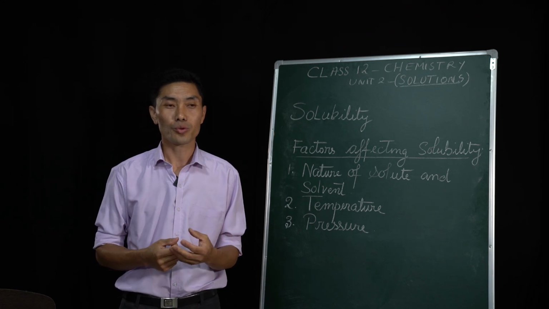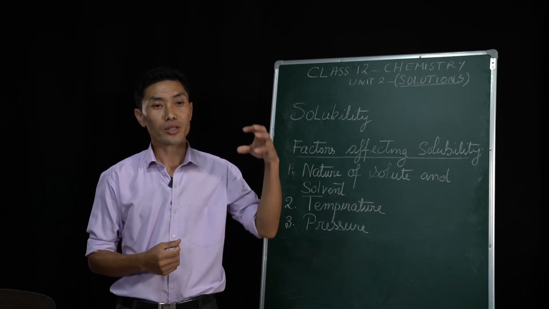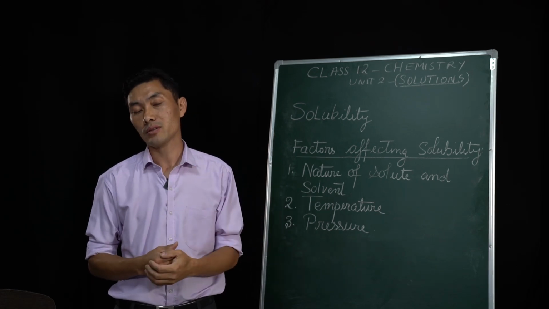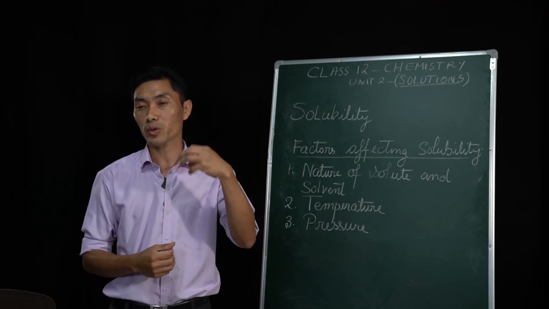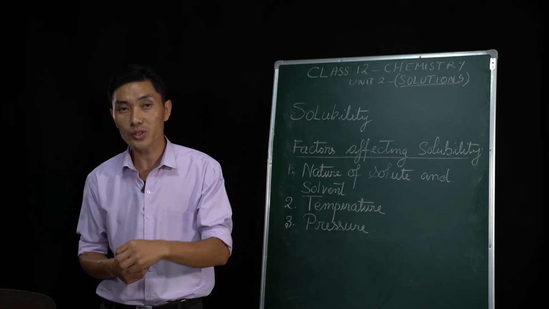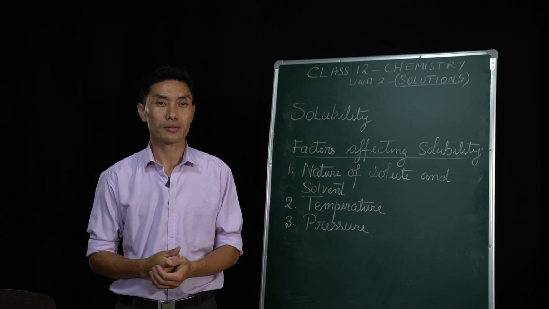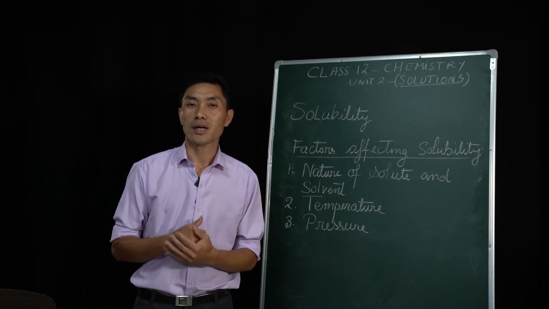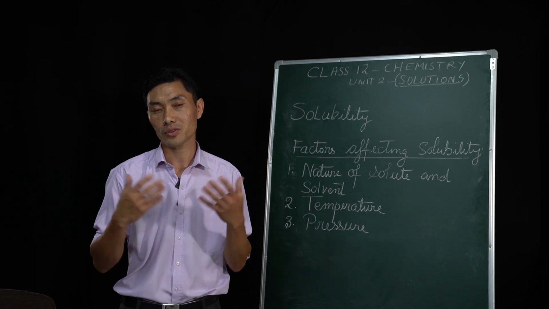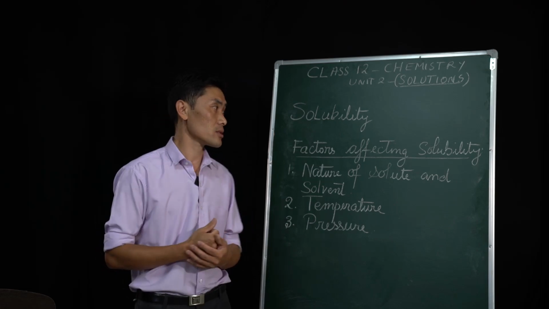Try to find out which will dissolve more. If you can dissolve more of sugar, that means its solubility will be higher than that of the salt. However, if you can dissolve more of the salt, then its solubility will be higher than that of the sugar. That's a very simple assignment that you can try at home, and that will help you to understand this concept of solubility better.